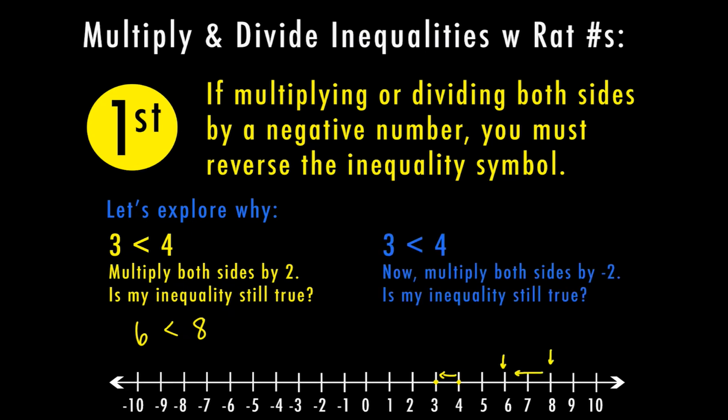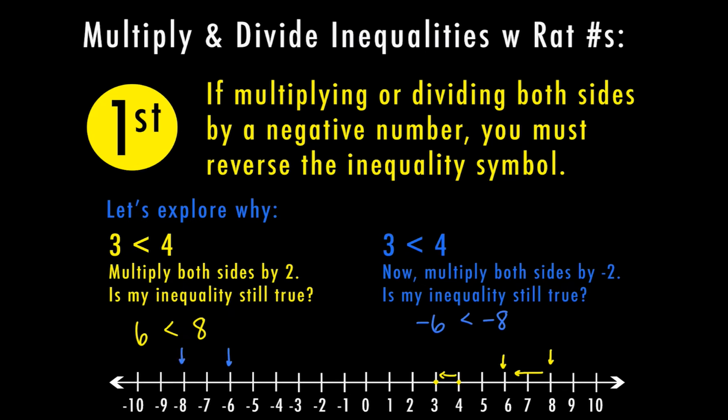If I multiply 3 and 4 by negative 2 on both sides, 3 times negative 2 is negative 6, and 4 times negative 2 is negative 8. Well, if I look here, I have negative 6 and negative 8.